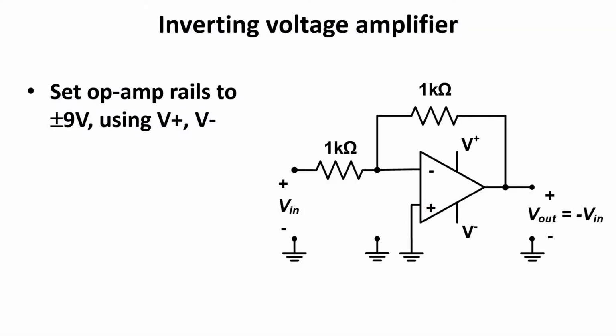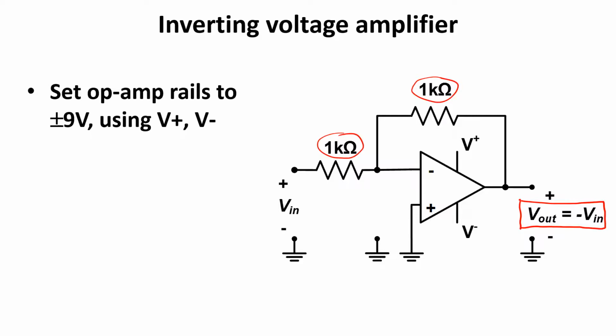As an example for this video, we'll create this inverting voltage amplifier circuit and investigate its response. If we analyze the circuit, we'll find that the output voltage, Vout, is just the negative of the input voltage. The feedback resistor and the input resistor have the same values.